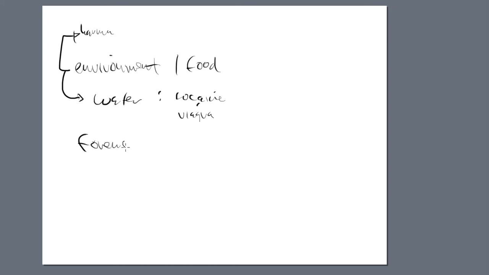Forensics and clinical laboratories would have a use for mass spec as well. On the forensics and the clinical side, we're typically looking for illicit drugs mainly: methamphetamine, cocaine, heroin.